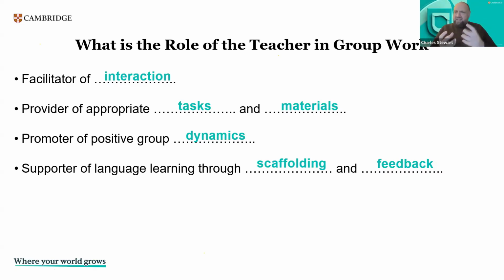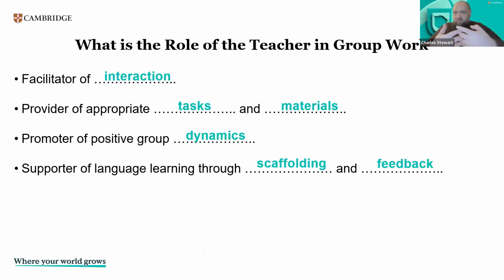Now, how does this tie into classroom management? Once again, look past the problem to the root, the cause of the problem. And I think a lot of times in pair work and group work, when we have groups or pairs that are not behaving properly, that are not doing the work like we want them to do, a lot of times the reason for that is they don't know how, or they don't understand exactly what they're supposed to do.